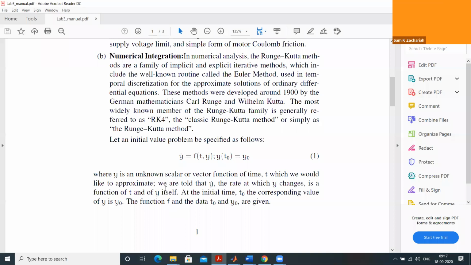Since the system is nonlinear, it is a nonlinear state space equation. If you represent the state of the system by, say, x, an n-dimensional vector, then x dot you can express as a function of time t and the current value of x, with the initial value of the system given. We will numerically integrate the states x to find out how the states are evolving. This is the problem. Any doubts so far?